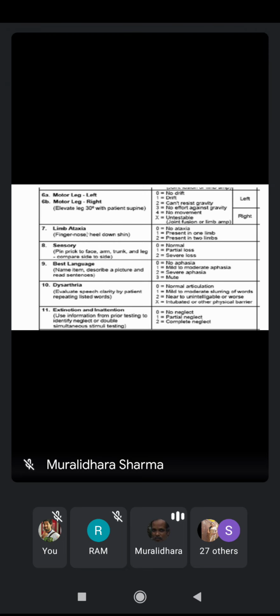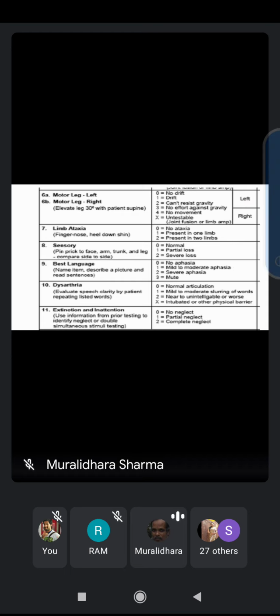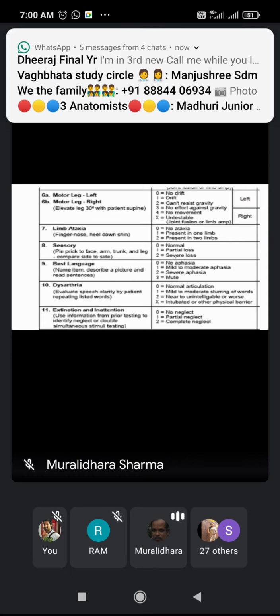And if the patient is able to move, but there is ataxia, the patient is not able to coordinate the movements, like the usual tests which are done, finger-nose test or heel-shin tests, again the score is 0 to 2. Sensory, if there is an impairment of the sensory, again the score can be assessed. Most of the times you will not have sensory abnormalities in the patients whom you see.